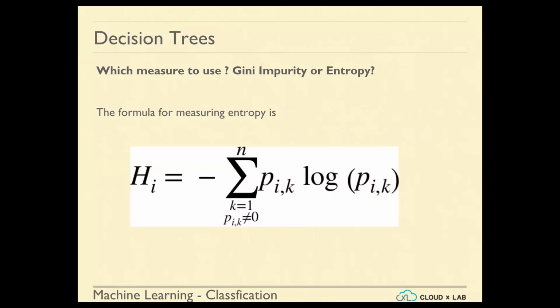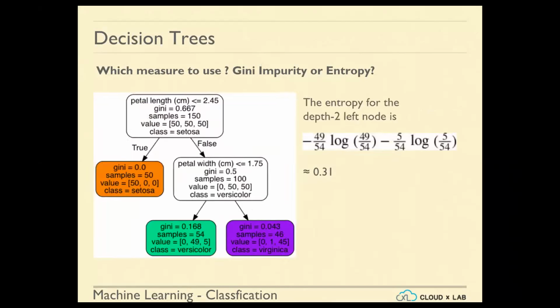It's basically a slightly different objective criterion. Here is the formula for measuring the entropy: the entropy measure is p_ik times log of p_ik. Let's take a look at what it means.